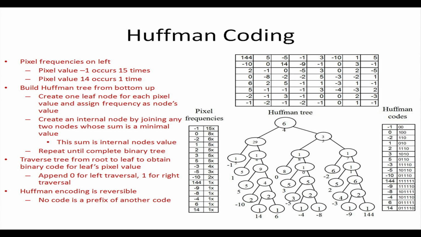Okay. Then -2, where is -2? -2, I will have to traverse right 1, right 1, left 1 1 0. Okay. Consequently, in that way I go on.